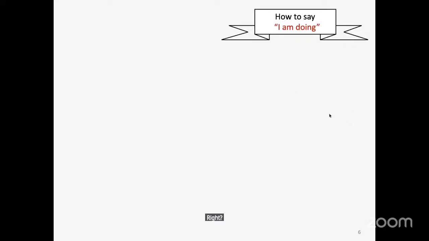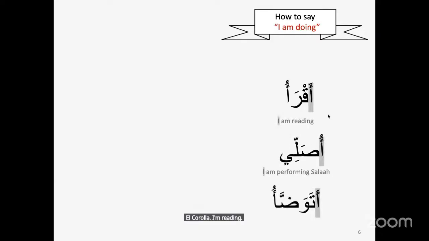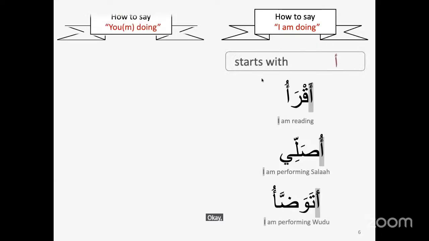Right, everyone is 100% correct. Let's start with the alif: أقرأ. I'm reading. Right. And then we learned the twist. Then there was a twist.